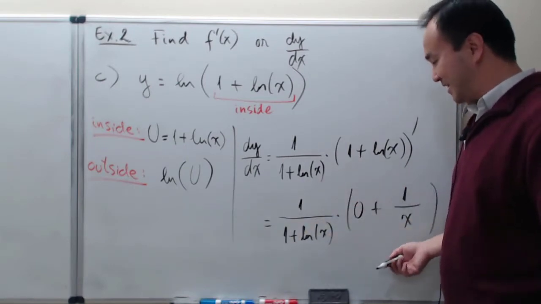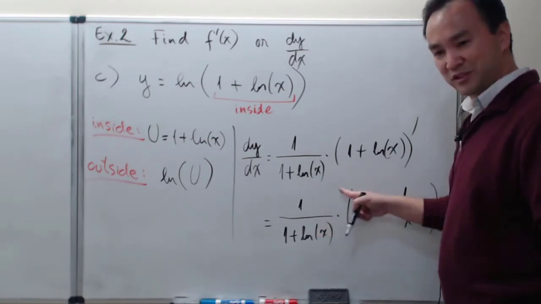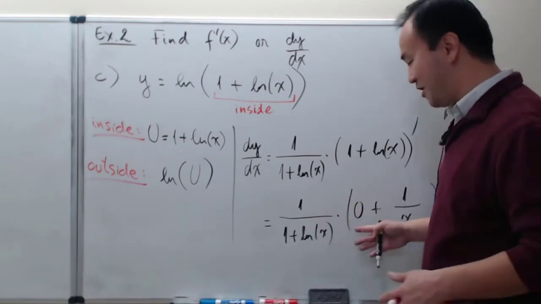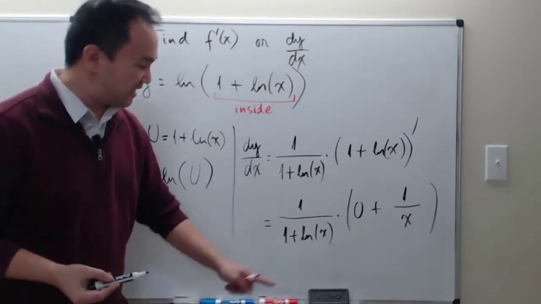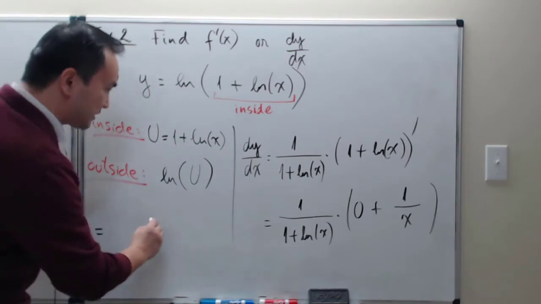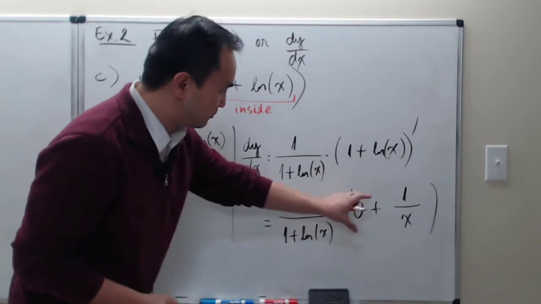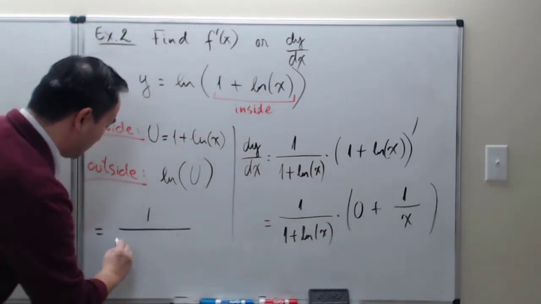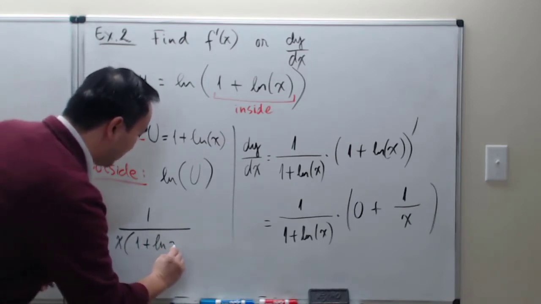But as I said, if any instructor is asking students to simplify something like this, or put it all in one fraction, I agree totally, because it looks completely awkward to write an expression like that, especially having a 0 there. So our final one is simply, notice 0 plus 1 over x is simply 1 over x. So multiplying 1 over x with all that expression gives 1 over x, and then in parentheses 1 plus natural log of x.